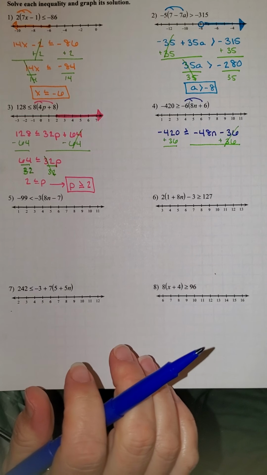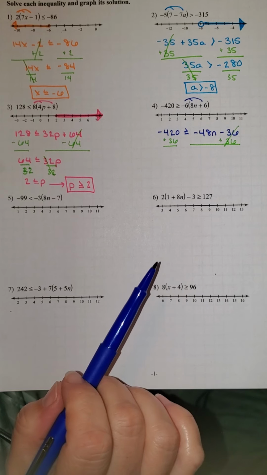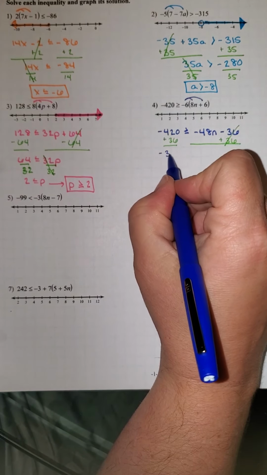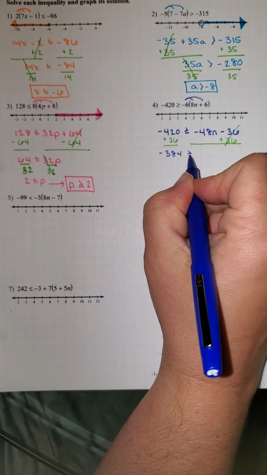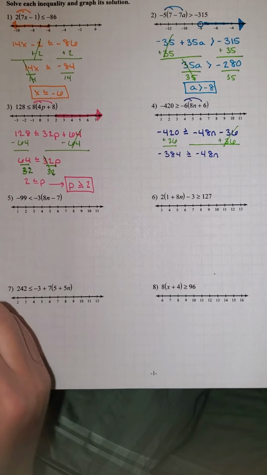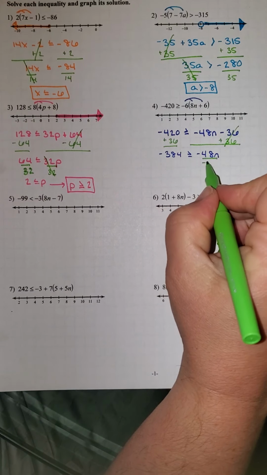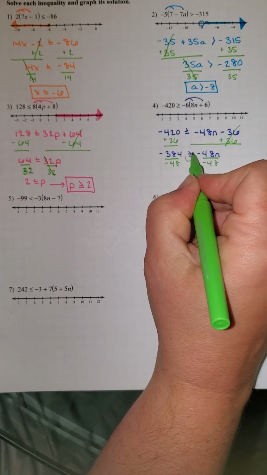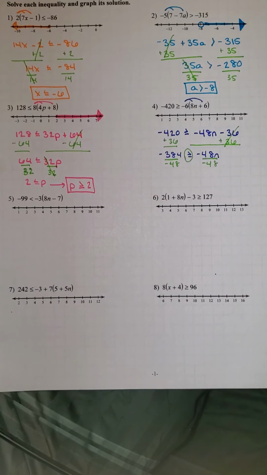So we have negative 420 plus 36. We get negative 384 being greater than or equal to negative 48n. We are going to divide both sides by negative 48. So when you divide by a negative, you've got to remember to switch that sign.